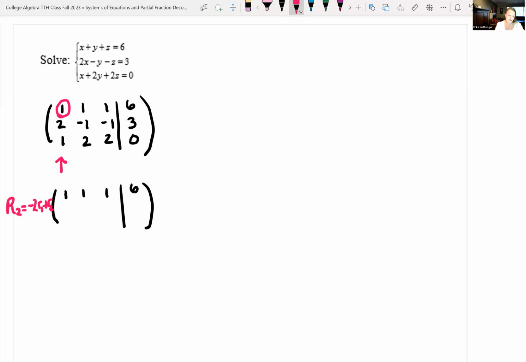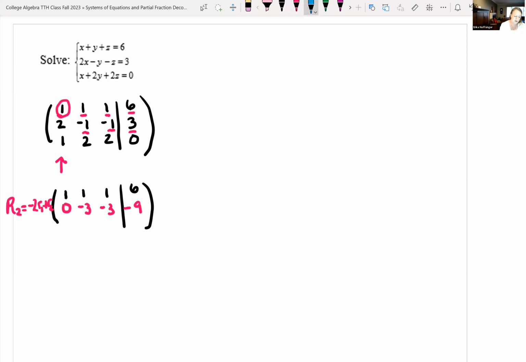So negative 2 times 1 is negative 2, plus 2 is 0. Negative 2 times this 1 is negative 2, plus negative 1 is negative 3. Negative 2 times this 1 is negative 2, plus negative 1 is negative 3. Negative 2 times 6 is negative 12. Negative 12 plus 3 is negative 9.